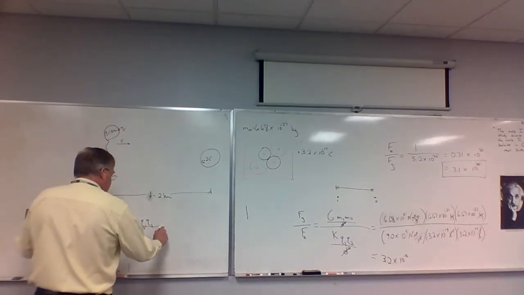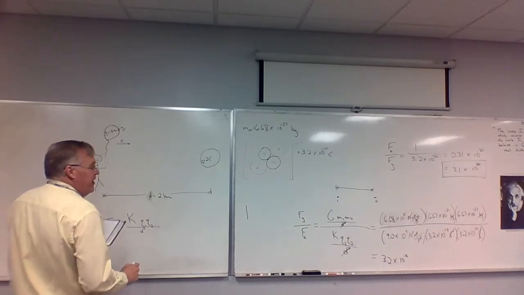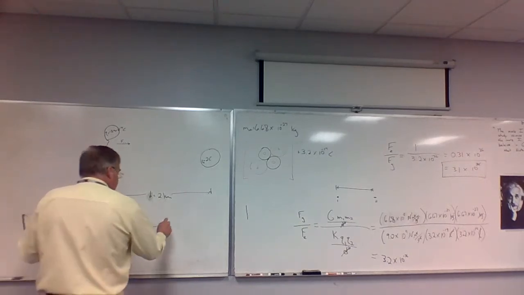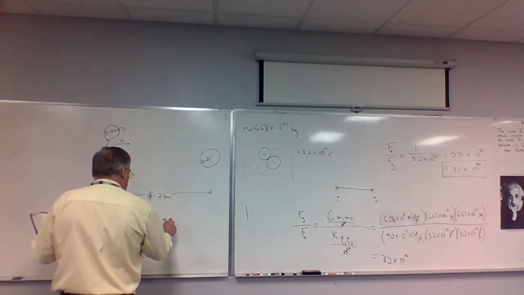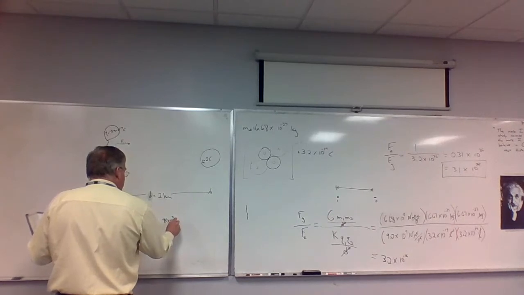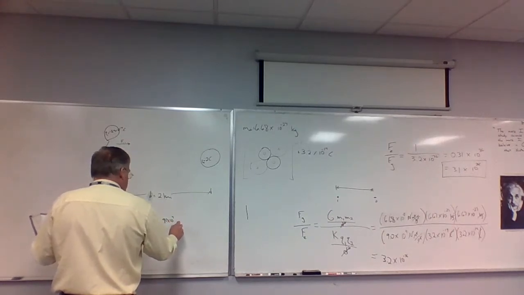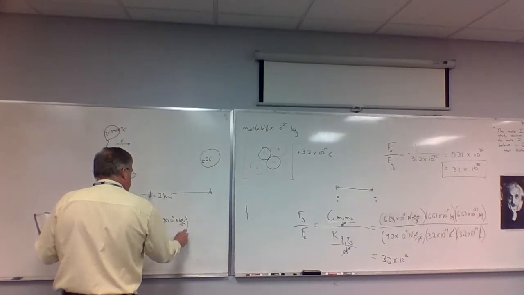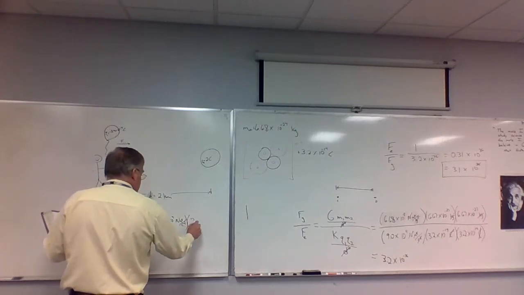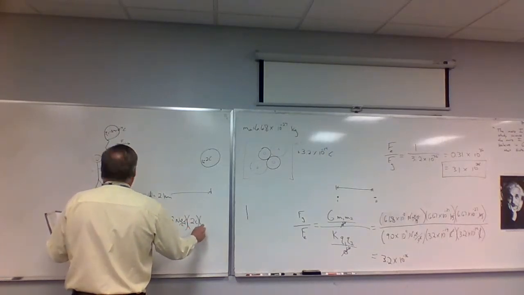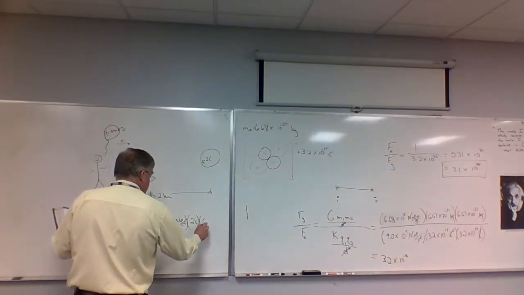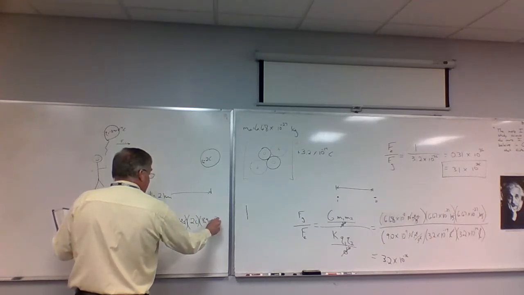And that's equal to, let's see if we can make it all fit, 10 to the 9th, and that is Newton meters squared per coulomb squared. And then we've got two different coulombs. Here's 2 coulombs times 8.9 times 10 to the minus 14 coulombs.